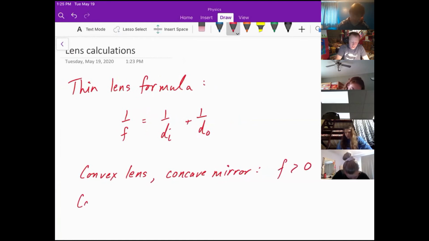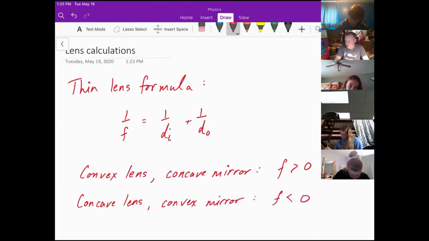For a concave lens or a convex mirror, f is negative. But otherwise they work the same.